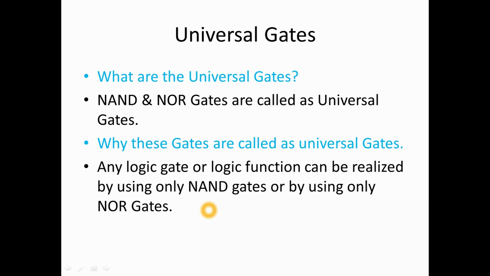Hence if we have NAND gates, then we can realize any logic gate or logic function by using only NAND gates or only NOR gates. Those are the universal gates. You can design any logic gate or logic function by using NAND gate and NOR gate. Hence these are called universal gates.